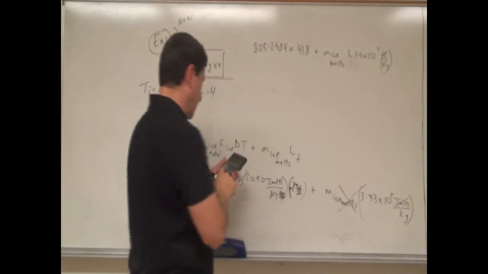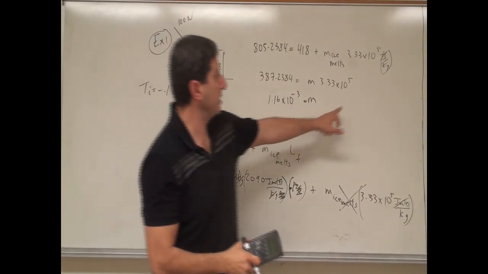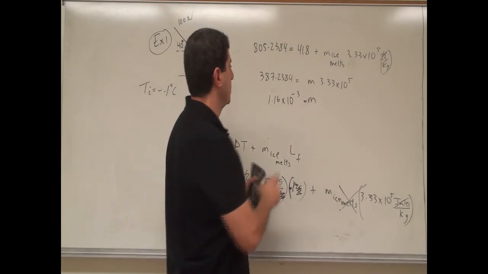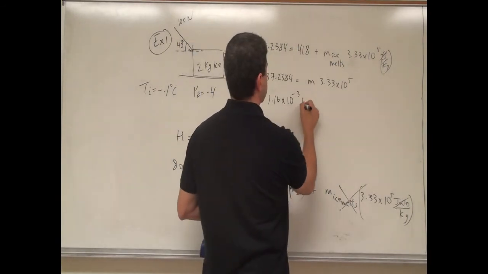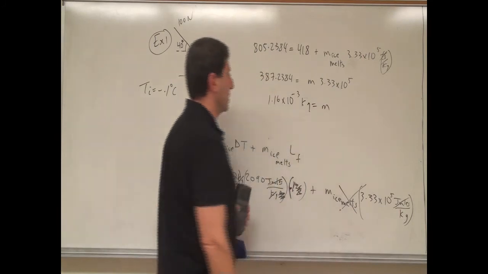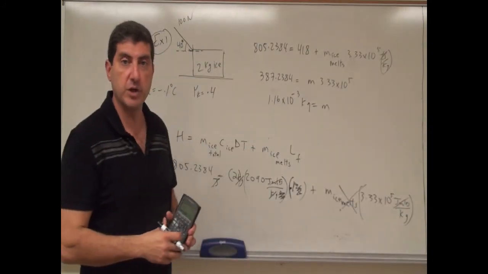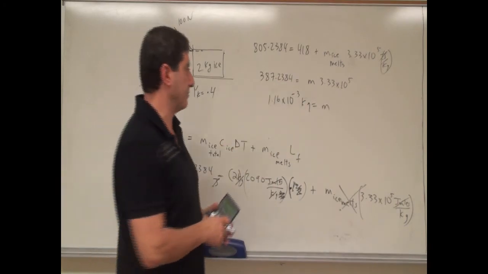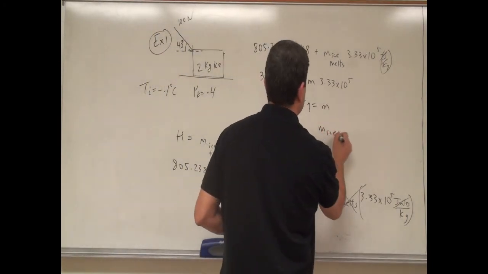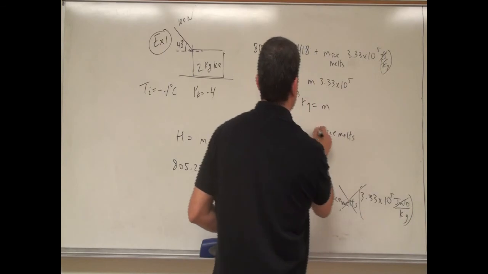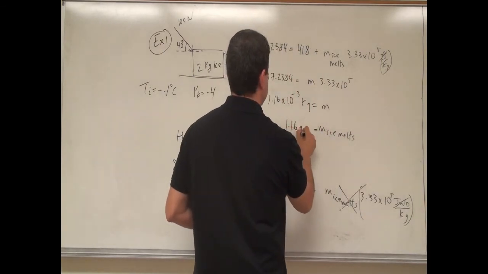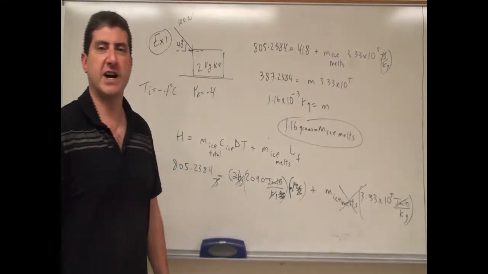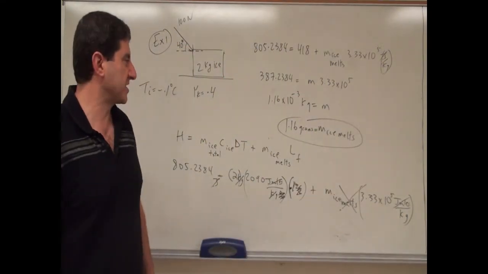What units will that come out to be? Since this is joules per kilogram, m is equal to 1.16 times 10 to the minus 3 kilogram, right? So the answer is in kilogram, which means that since this is 10 to the minus 3 kilogram, this is actually grams. So the mass of the ice that melts is equal to 1.16 grams. So about 1 gram of the ice melts, not that much, 1.16 grams, okay?